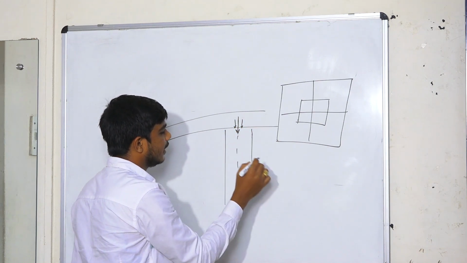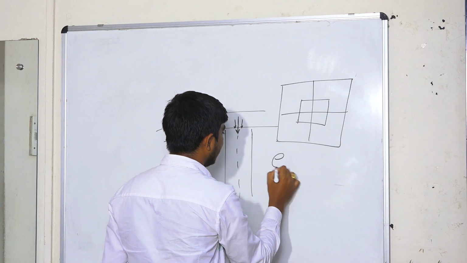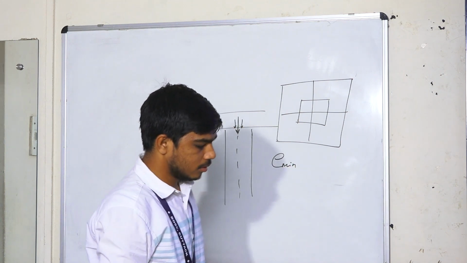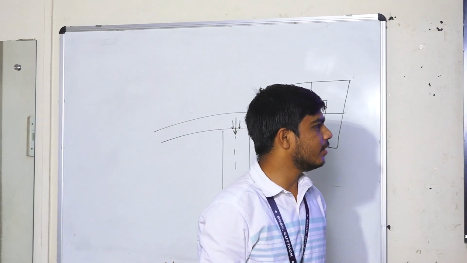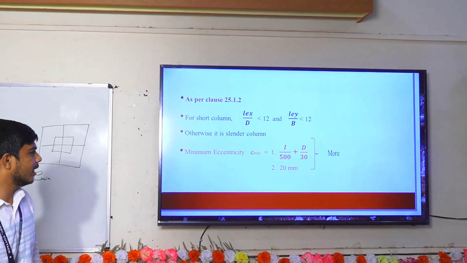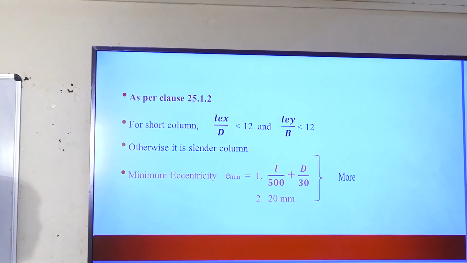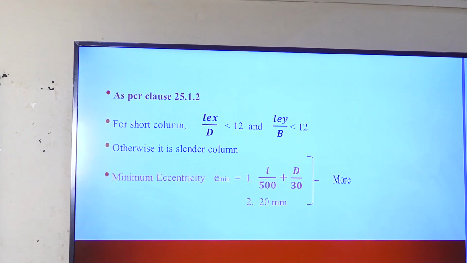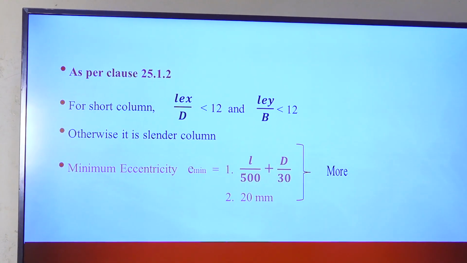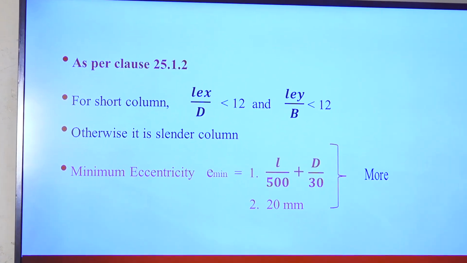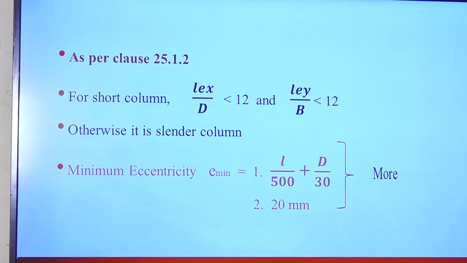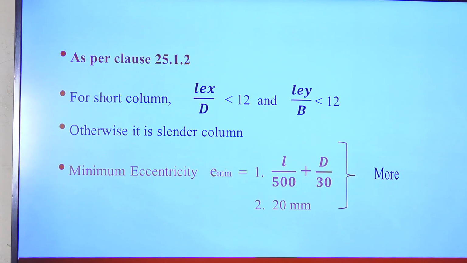So that's why we are taking a minimum eccentricity of L by 500 plus D by 30 or 20 mm, whichever is more. That is, we have to calculate both L by 500 plus D by 30 and 20. Out of this, whichever is more, that will be taken as minimum eccentricity. That means we have to design for that much eccentricity.